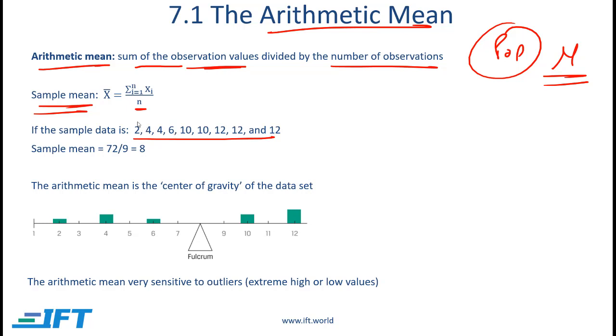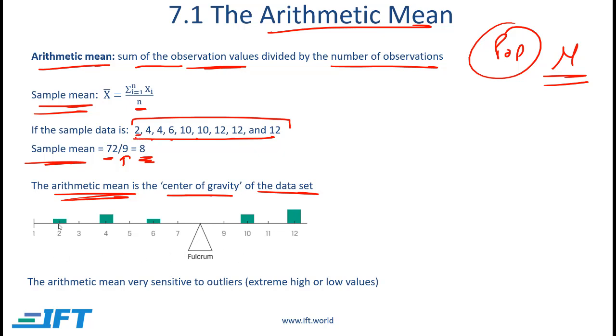So if we have these 9 values and we want to calculate the sample mean, we add them up. That will give us 72 and then divide by the number of values, that's 9. So our sample mean here is 8. The arithmetic mean or the average can be thought of as the center of gravity of the data set, and that's depicted over here.